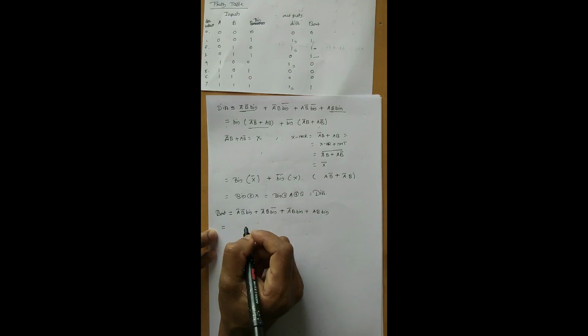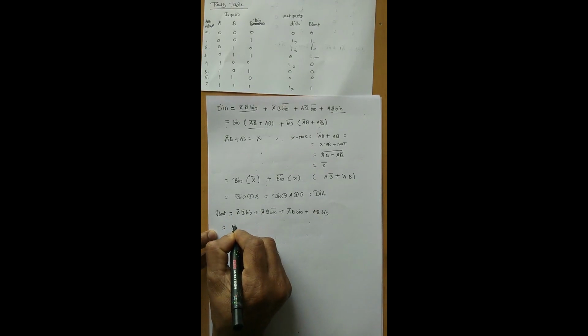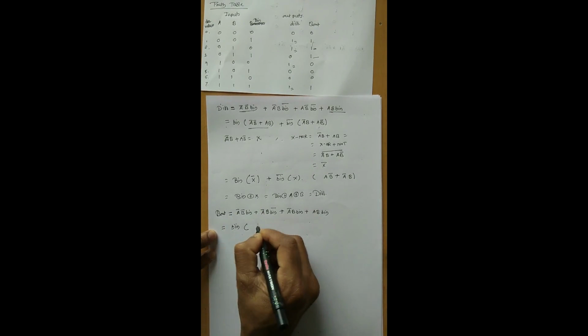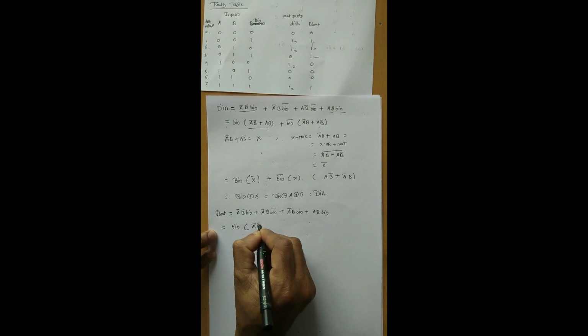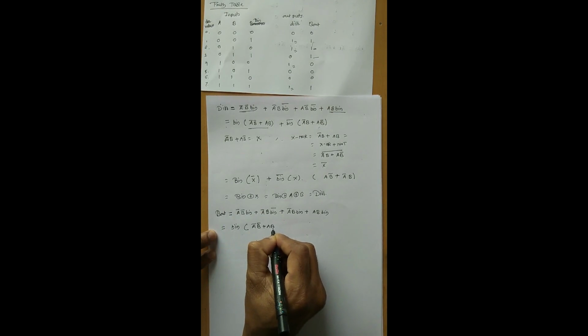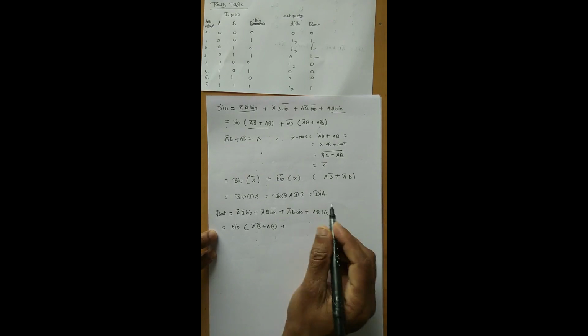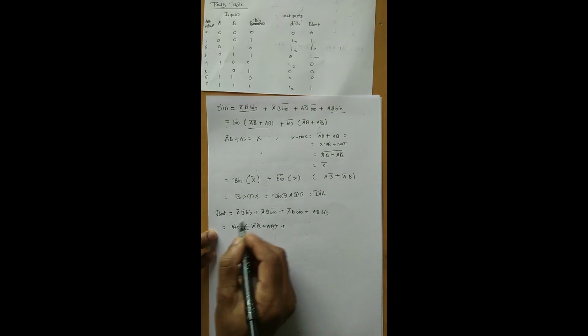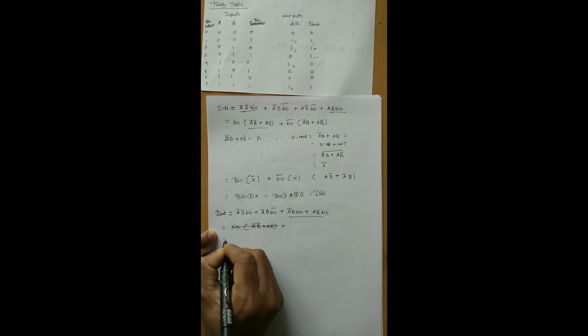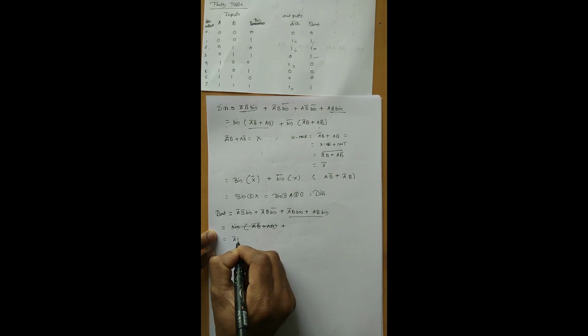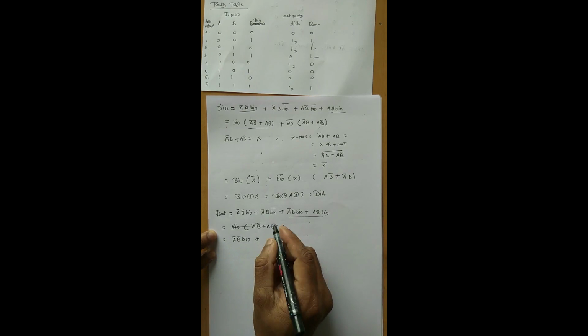After that, just bring the common terms. So common terms are A bar B bar plus AB plus, from this common term we can bring A bar B bar B in.